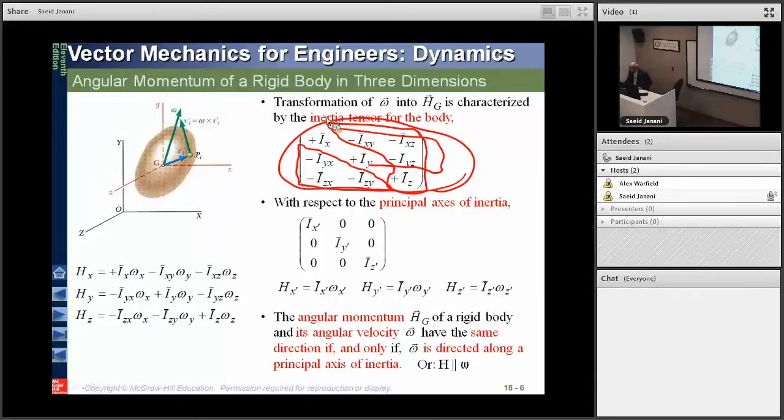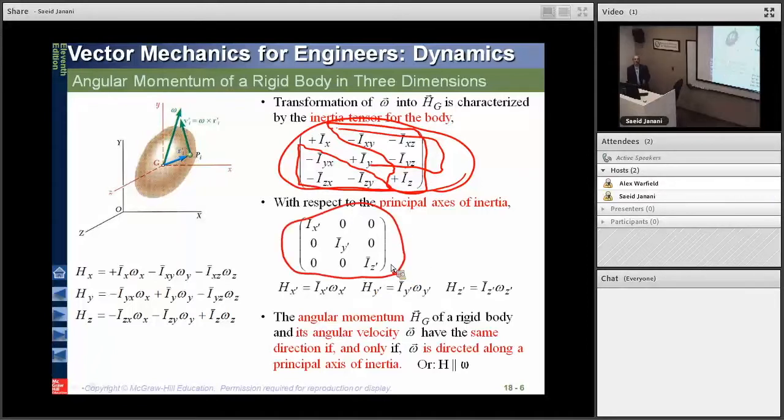Now, if the mass of the body is evenly distributed about the axis of rotation, then these three components, I'm sorry, these three, the upper triangle and lower triangle, become zero.